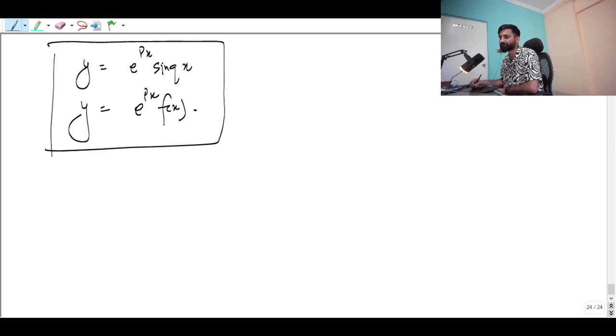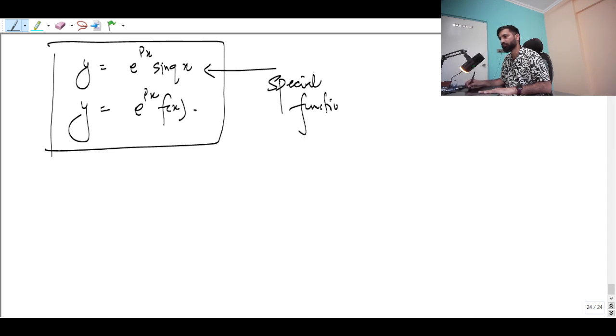Understand? So what is the key idea? The function given is y equals e raised to power px sine qx. Whenever the differential operator acts on this kind of special function, remember that it is a special function.